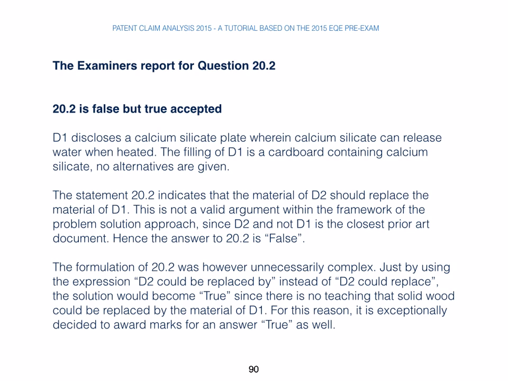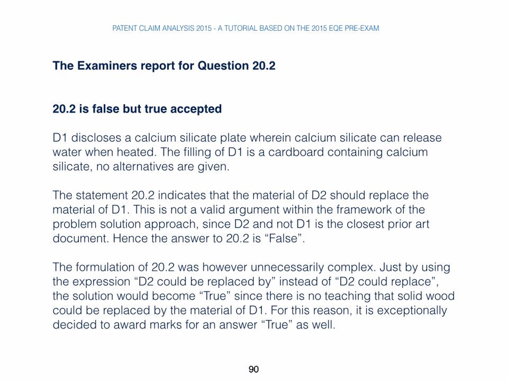20.2, the answer is false, but the examiners also accepted the true answer. Their statement is as follows. D1 discloses a calcium silicate plate wherein calcium silicate can release water when heated. The filling of D1 is a cardboard containing calcium silicate.